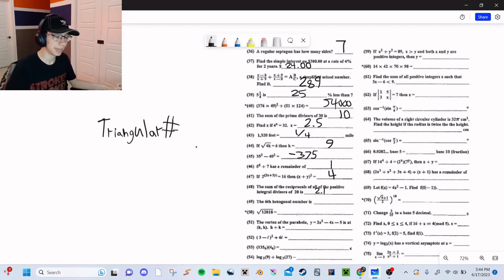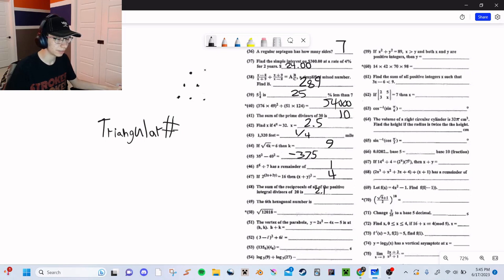So what a triangular number tells you, let's say I had a point. Right? Let's say I made a triangle like this. I could say that the number of points I have to make this triangle is the second triangular number.